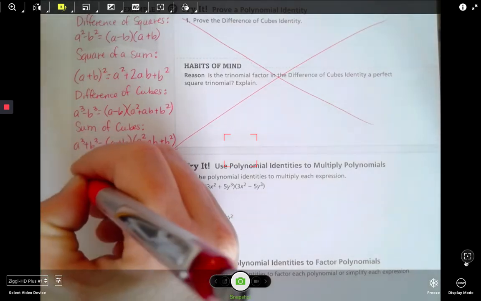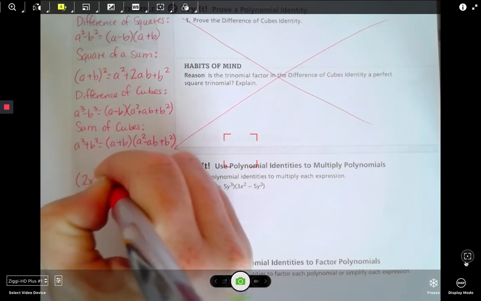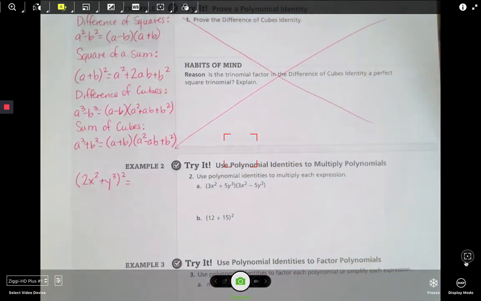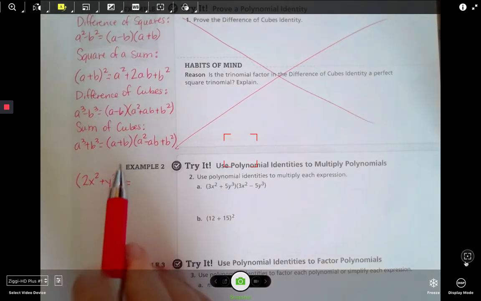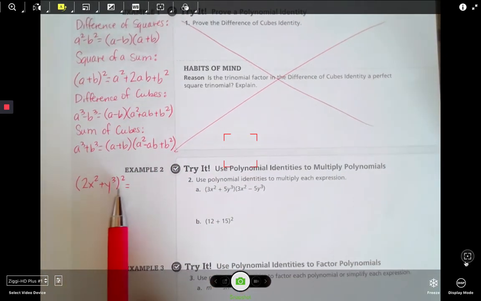And then we're going to work one of the examples that they give us in the book, which is (2x squared plus y cubed) squared. Alright, so this looks like it is the square of sums because of the addition sign in between, and it's raised to the second power.